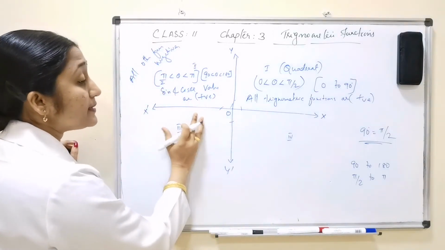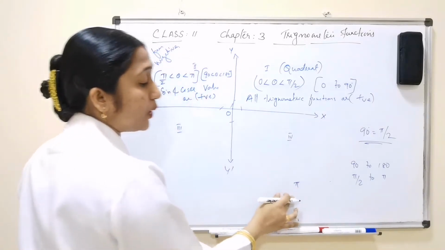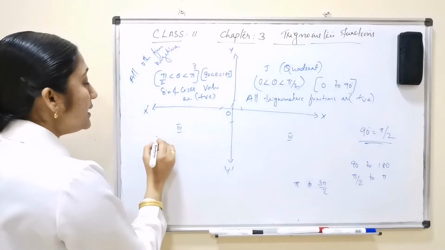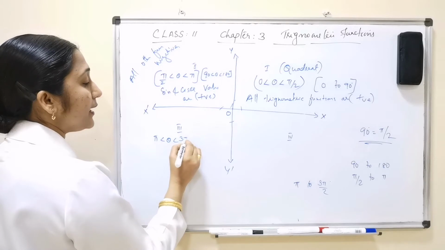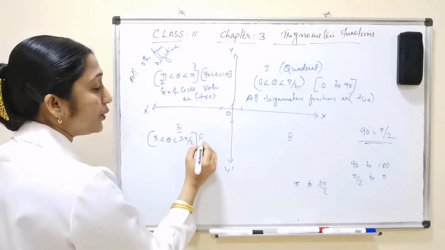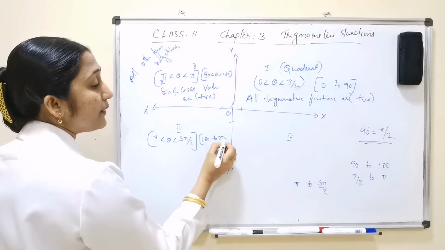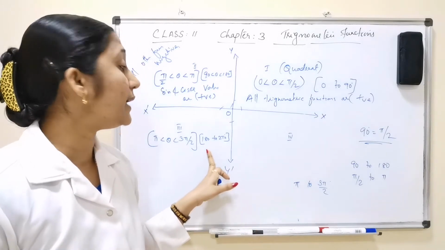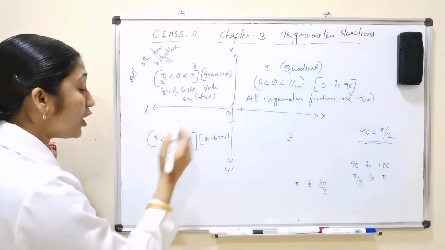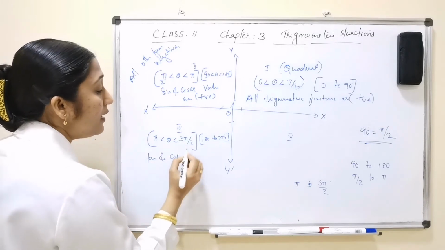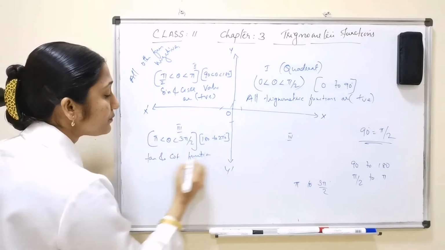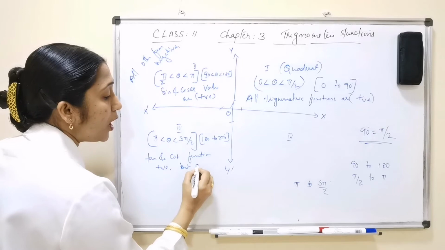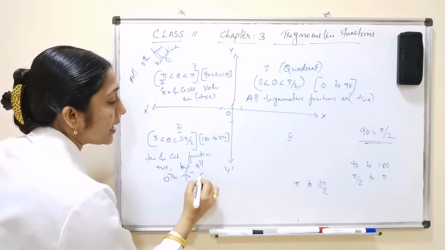The third quadrant is 180 to 270, that is pi to 3 pi by 2. That means pi less than theta less than 3 pi by 2, which is 180 to 270 degrees. In the third quadrant, the angle theta lies between 180 and 270, and the tan and cot functions are positive, but all other functions are negative.